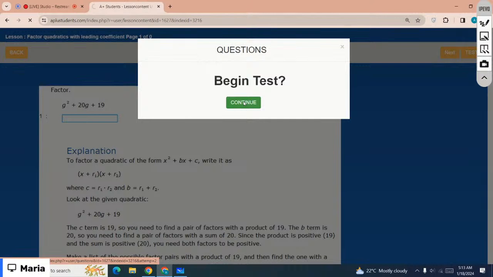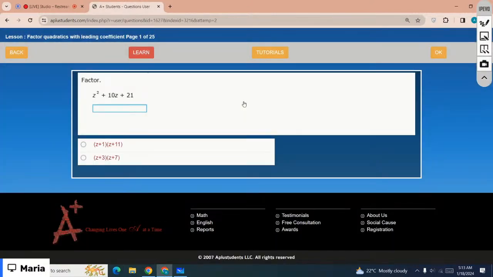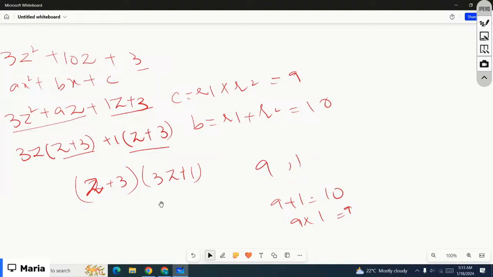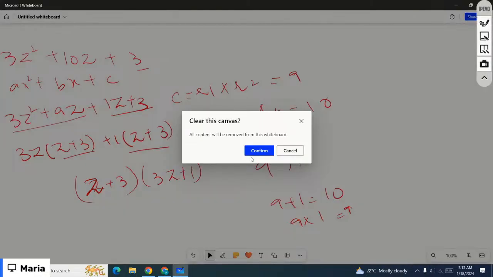Okay, let's just start with the test question. Factor z square plus 10z plus 21. So you need to compare z square plus 10z plus 21, right?